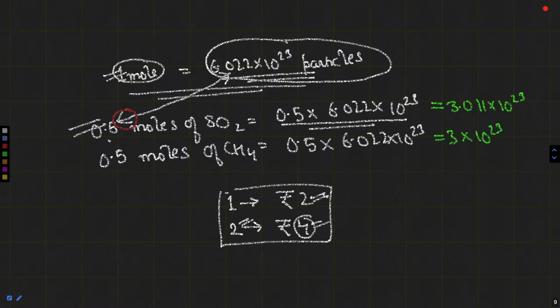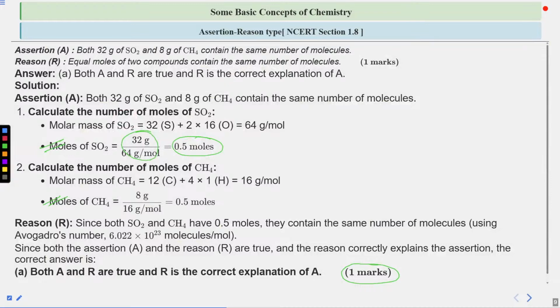So we are multiplying this thing. Now is it clear, Parth? Okay. So moving on to the next thing. So this is an assertion-reason type question. Moving on to the next type.